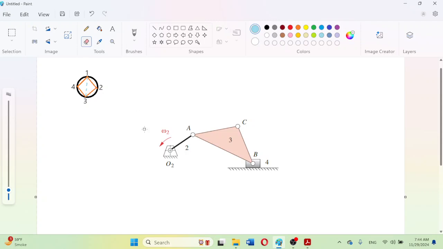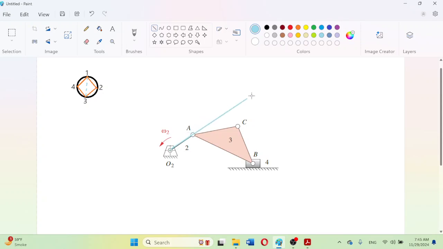We are familiar that instant center I1,2 is located at point O2, and instant center 2,3 is located at point A, at pin A. So what we will be doing is connecting these two instant centers I1,2 and 2,3, meaning this right side of this triangle 1, 2, 3. So we will be extending this line in both orientations.